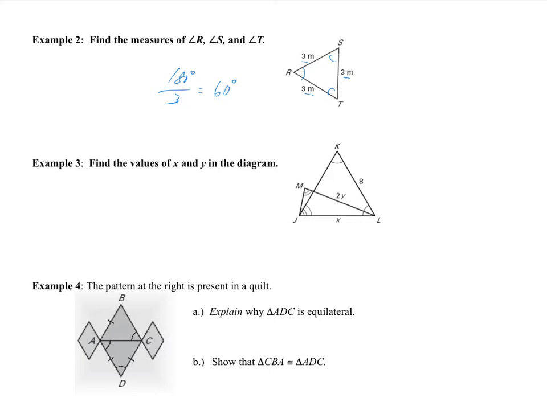And example 3, find the values of x and y in the diagram. Well, because triangle JKL is equiangular by these marks here, then by the corollary to the converse of base angles theorem, we can say that all these sides are congruent, so x has to be 8.